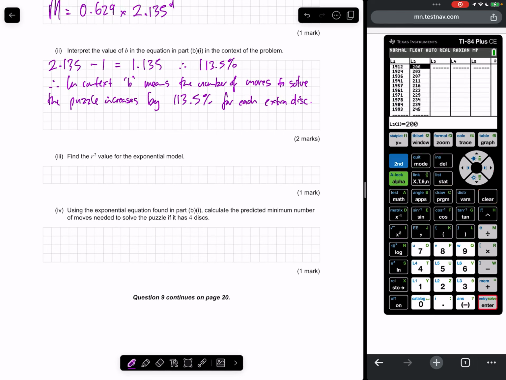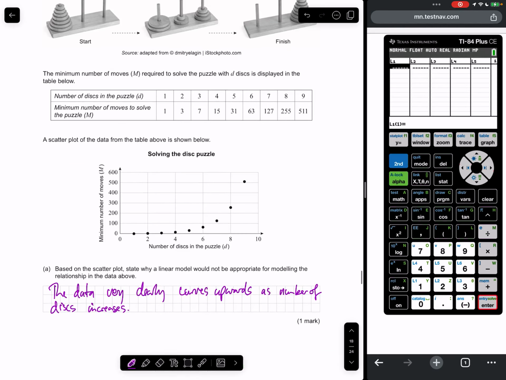Find the R-squared value for the exponential model. Oh, we need to put the data in. Okay, 1, 2, 3, 4, 5, 6, 7, 8, 9, and 1, 3, 7, 15, 31, 63, 127, 255, 511.